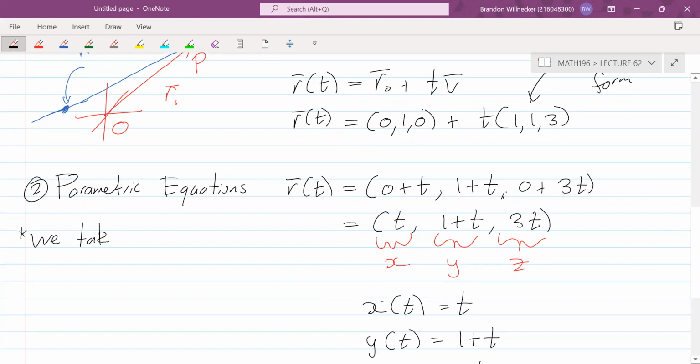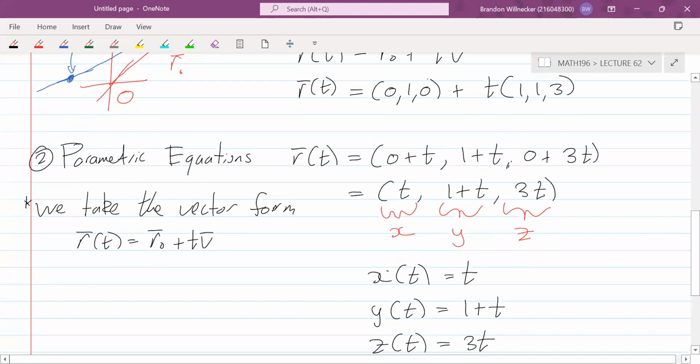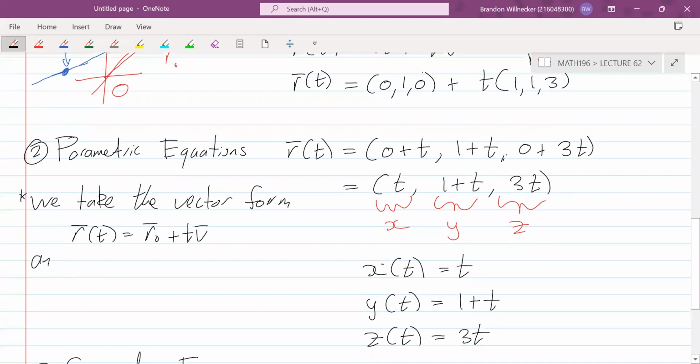So we take the vector form, which is r of t is equal to r naught plus t times v, and we write it as a single vector.